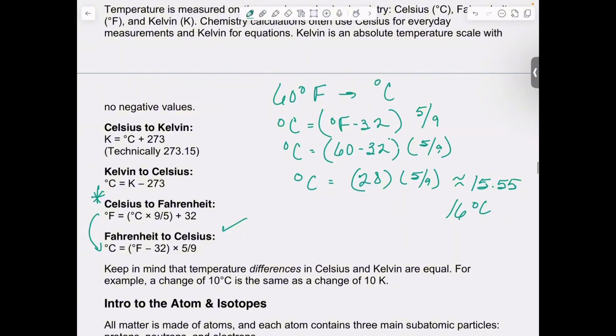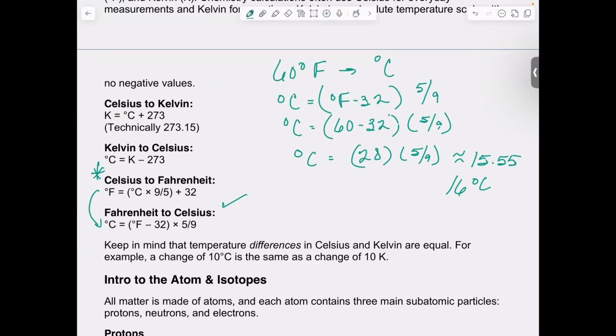Now, a couple things to keep in mind: the temperature differences in Celsius and Kelvin are equal. So what we mean by that is that 1 degree Celsius is equivalent to 1 degree Kelvin, okay? They're just on different scales, all right?